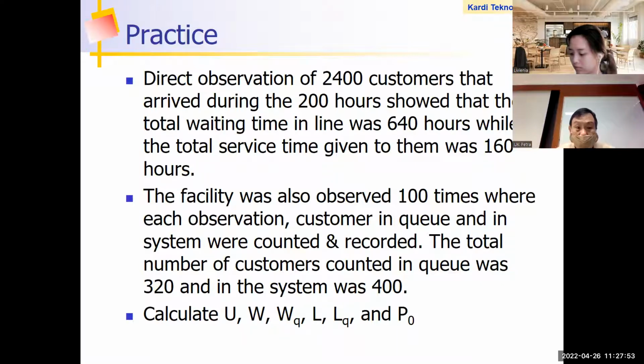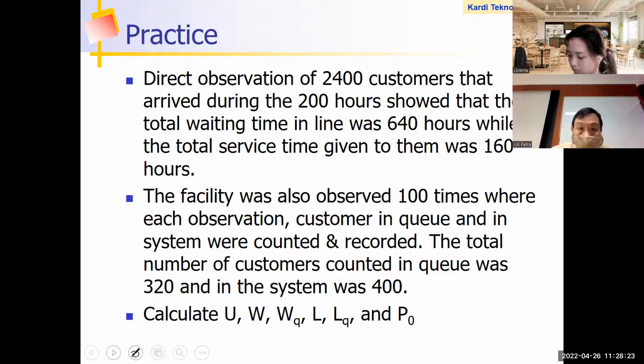The facility was observed 100 times, where at each observation customers in queue and system were counted and recorded. The total number of customers counted in the queue was 320, in the system was 400. I ask you to calculate U, W, WQ, L, LQ, and P0.